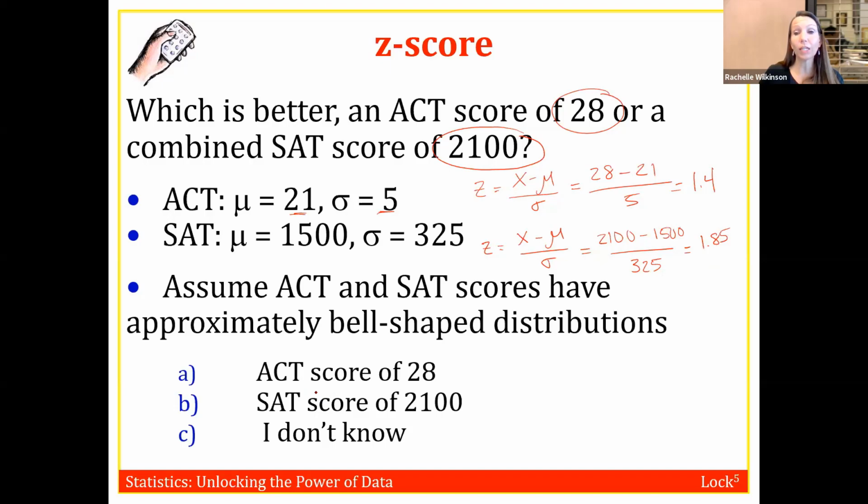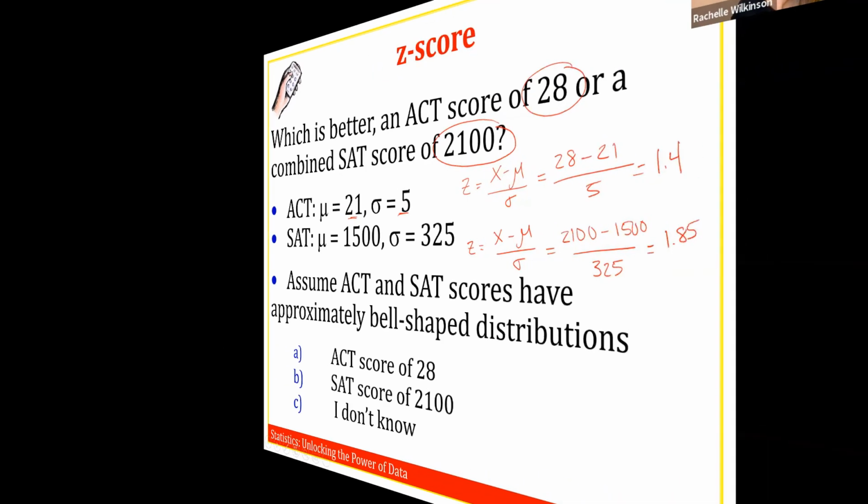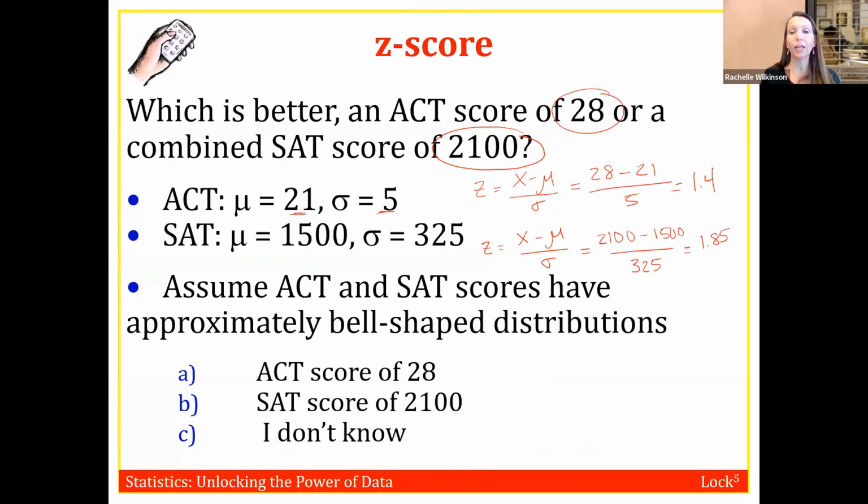Which one did I do better on, based on my Z-score? I did better on the SAT because it had a higher Z-score, meaning it was further away from the mean.